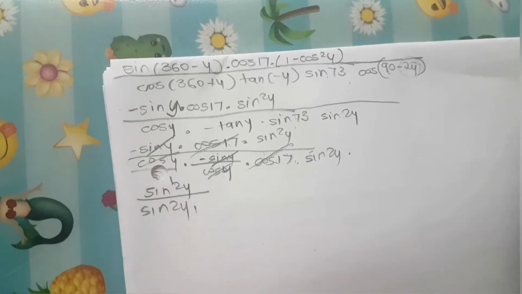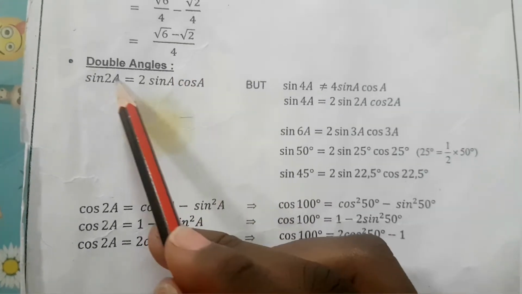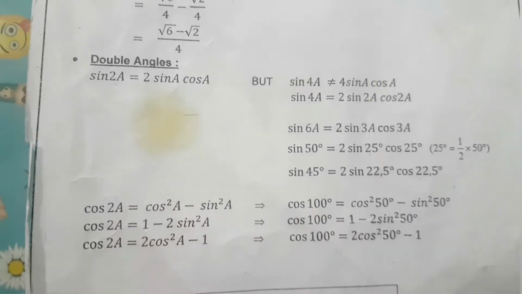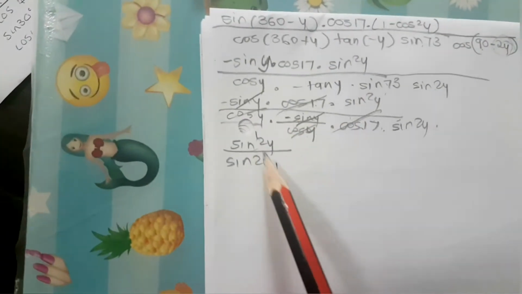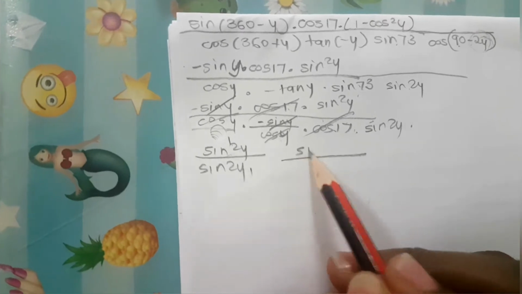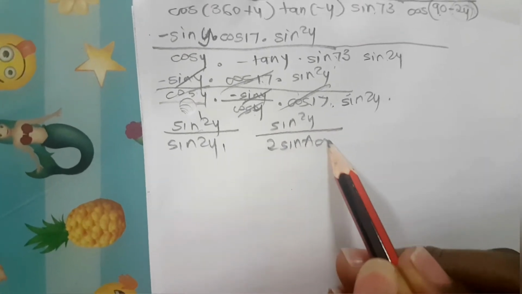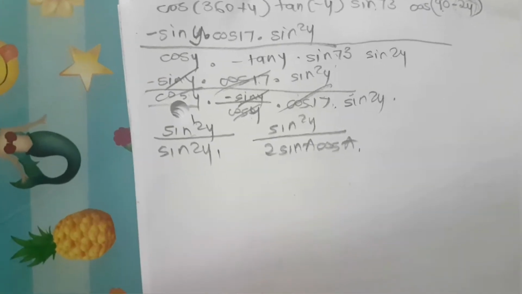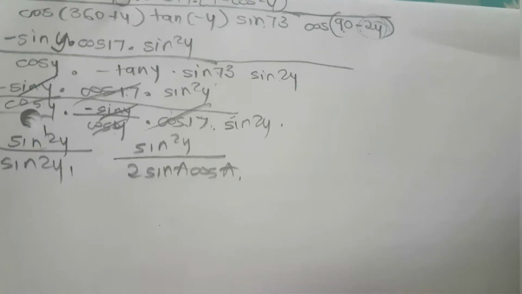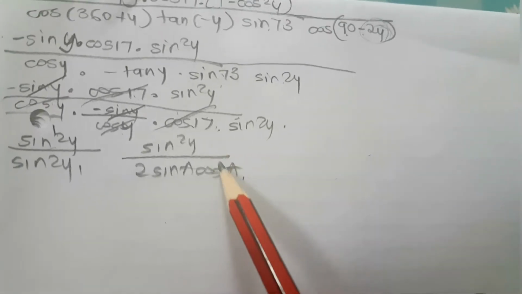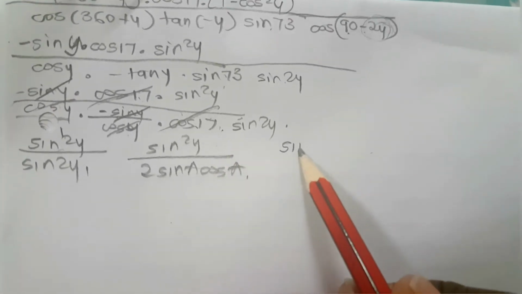Remember, with the double angles, I have shown you that sin 2 times a variable will give you that. So here you have sin 2 times y. You put it like that, it's a formula given to you and you know this. Now find what is similar on the top and the bottom, and it's a sine.